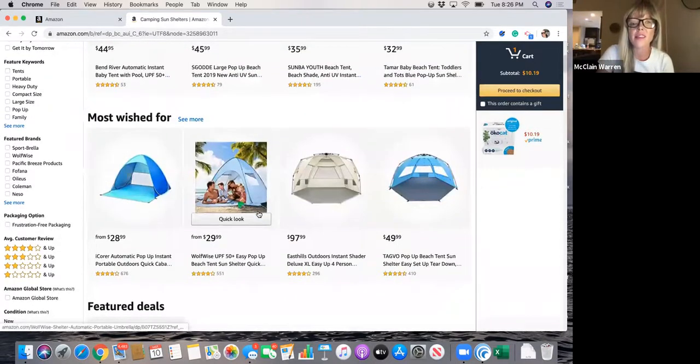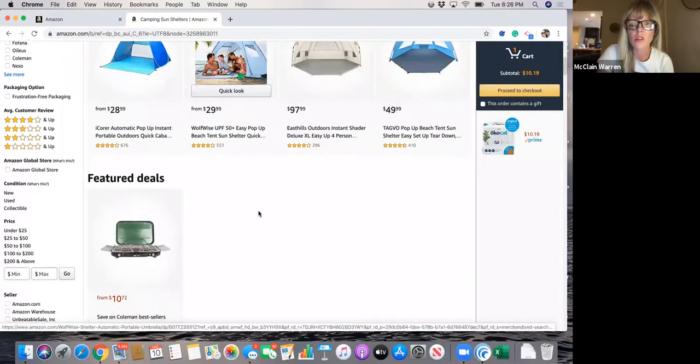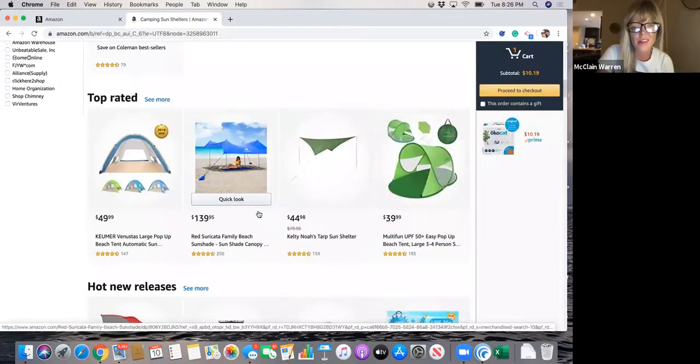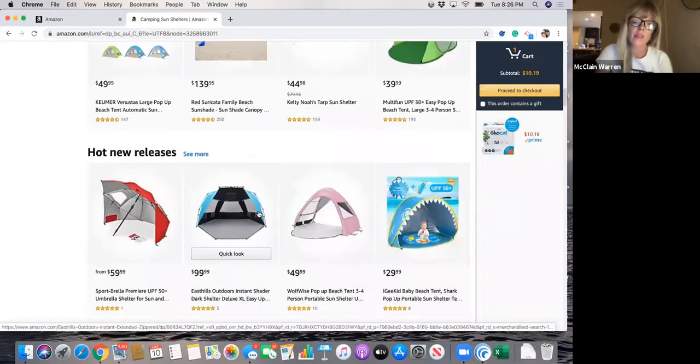And obviously this does show that it's a lot of the same product. However, is it for babies? Some of it is, some of it isn't.